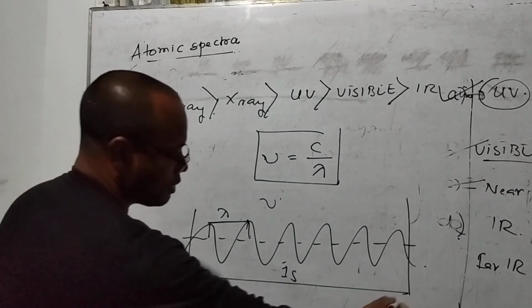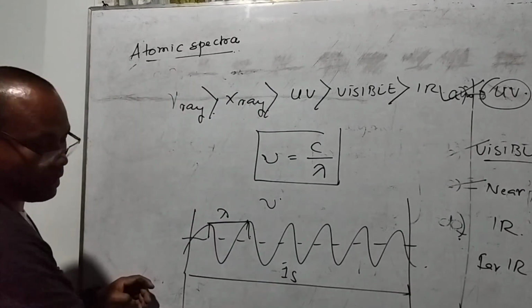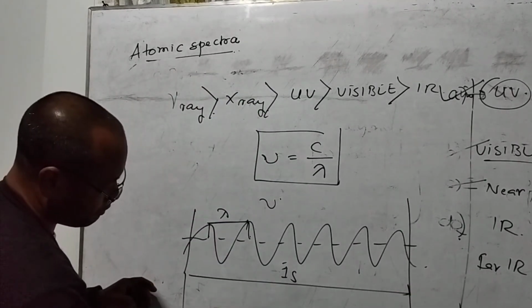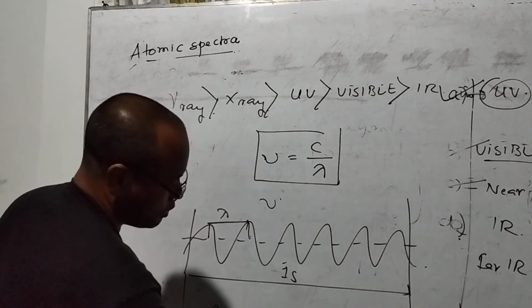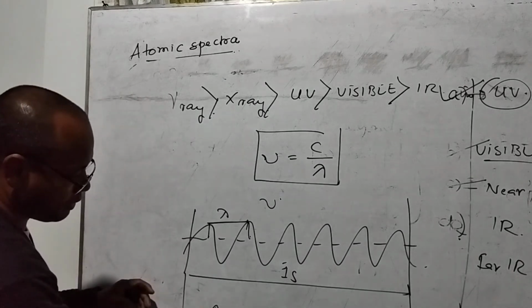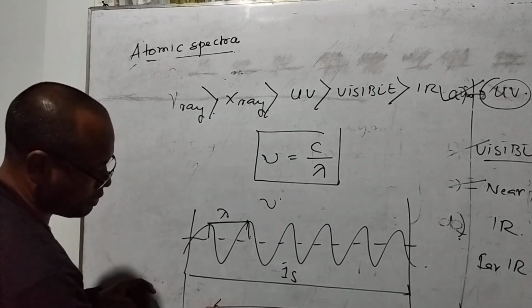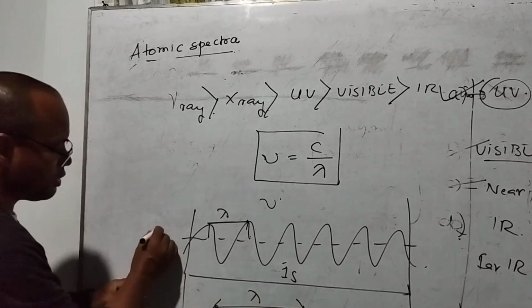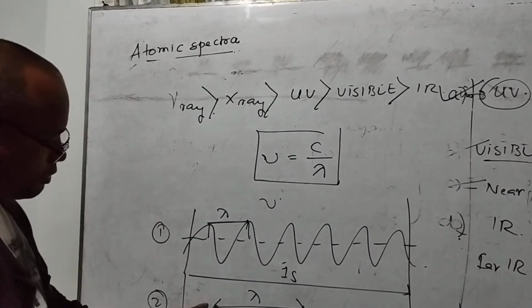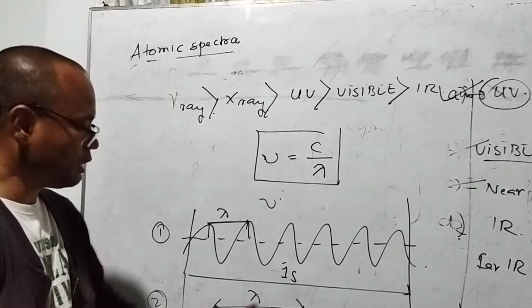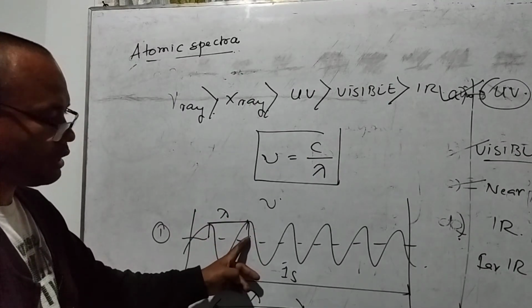Suppose I draw the same time period, with the wavelength drawn like this. Look here, comparing the distance between these two waves, this is the first wave, this is the second wave. Compared to that one, the wavelength is much longer here and very short here.